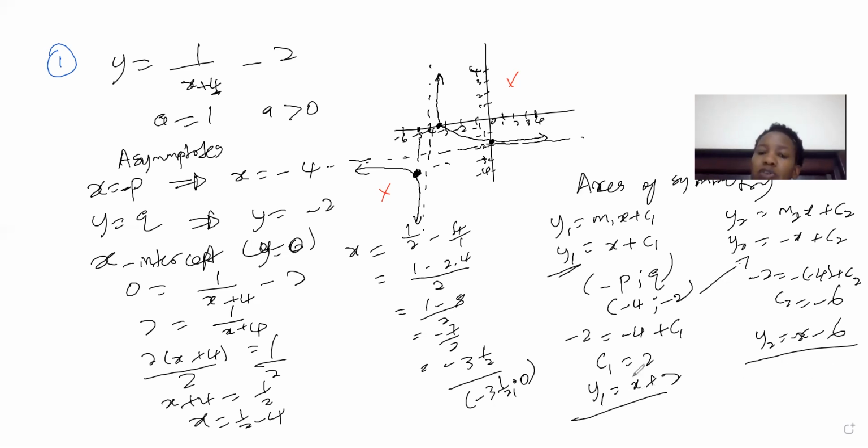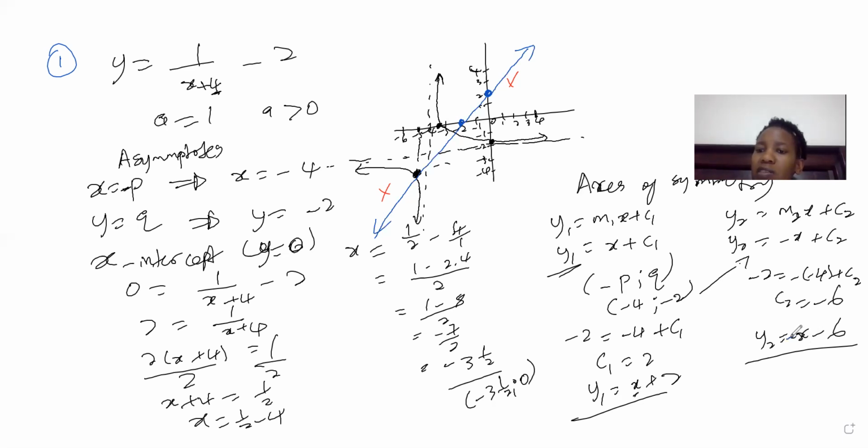So if we draw line y is equal to x plus 2, y-intercept, x is 0, so y is going to be 2. Let me change the color. Y is 2. X-intercept, y is 0, x is -2. So that's going to be a straight line, okay? The other one, y is equal to negative x minus 6.